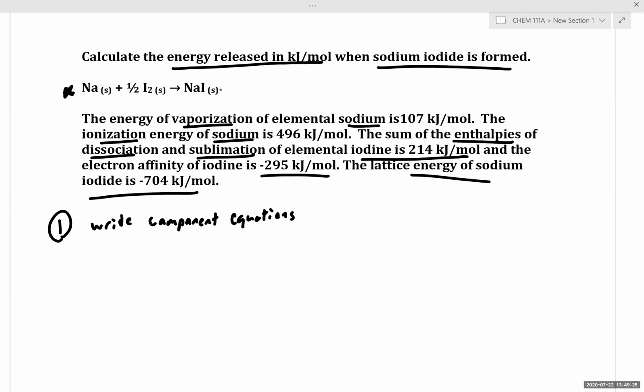And in the end, you'll be able to report the enthalpy of formation for sodium iodide from this given set of data. The Born-Haber cycle is wonderful because it's a great test question for not only testing your understanding of Hess's law, but your understanding of ionization energy, electron affinity, bond enthalpy, and lattice enthalpy.